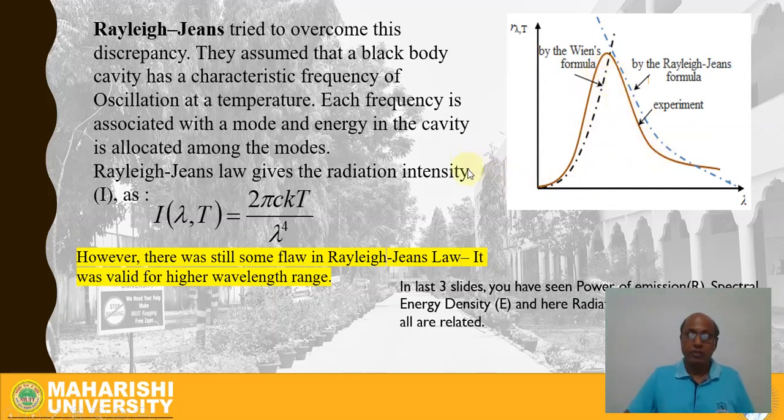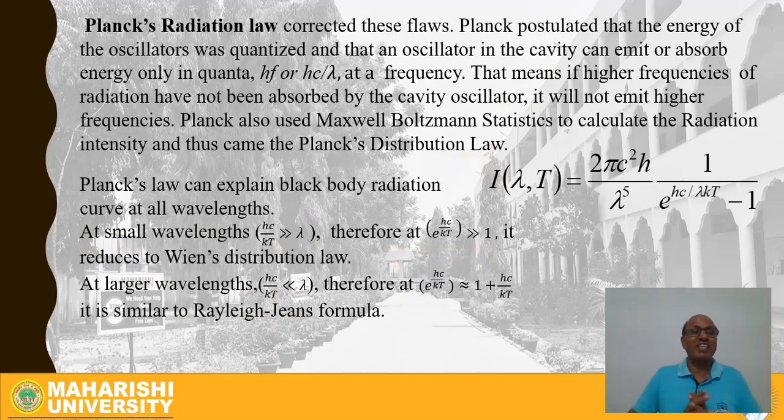So then came Planck's radiation law, and Planck corrected these flaws at both ends. Planck postulated that the energy of the oscillators was quantized, and that an oscillator in the cavity can emit or absorb energy only in quanta, that is hf, f is frequency, or hc upon lambda.